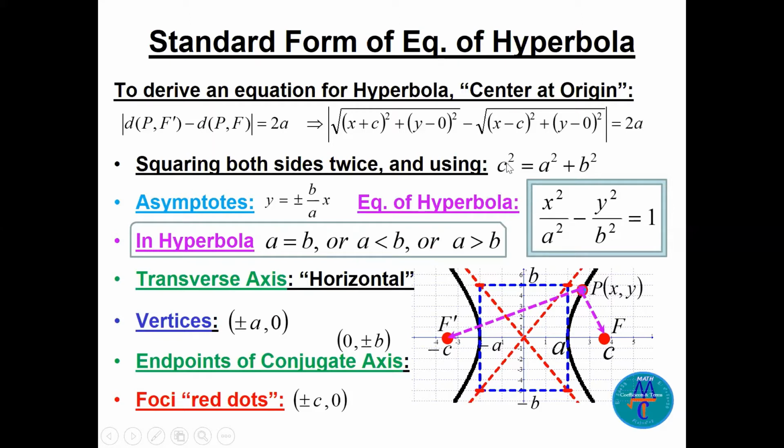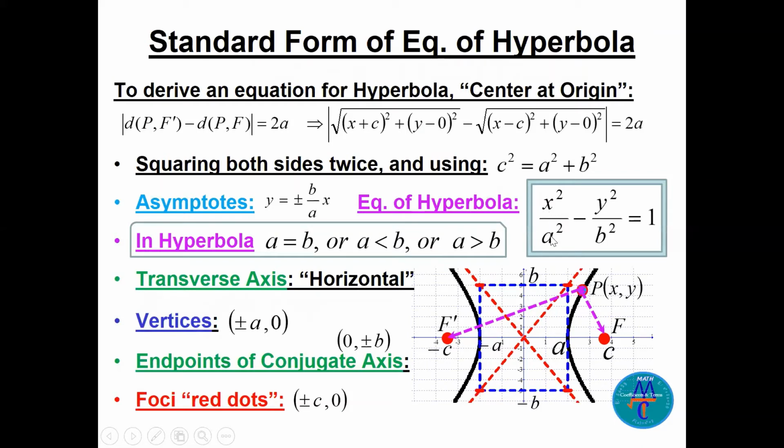Now, in the middle, we use C squared is equal to A squared plus B squared for the hyperbola. Remember in the ellipse, in the previous lecture, we had C squared is equal to A squared minus B squared. So in the hyperbola, A can be equal to B, or A less than B, or A greater than B.